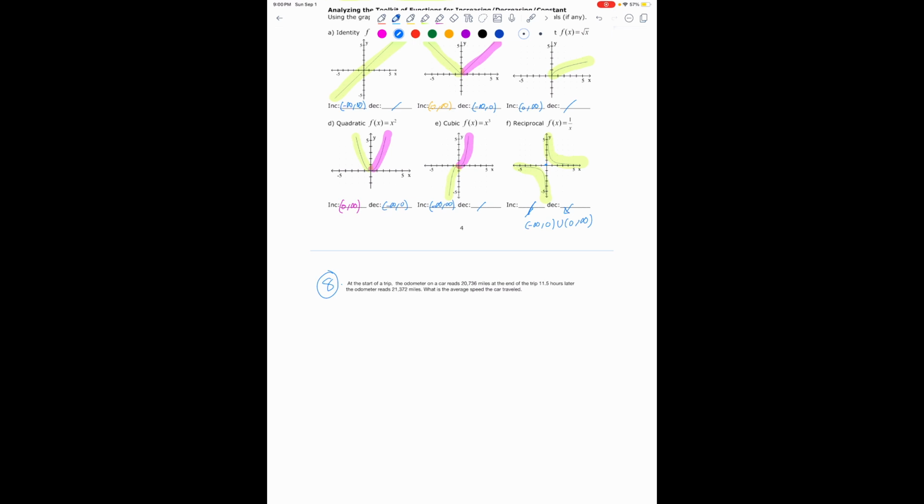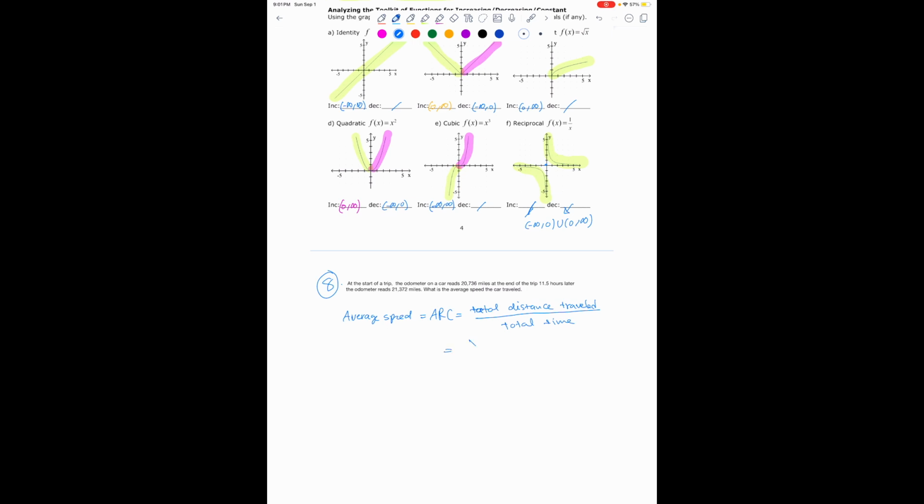So we're going to calculate the average speed, which is the average rate of change, which is basically the total distance traveled, or the change in distance, over the change in time, or the total time.